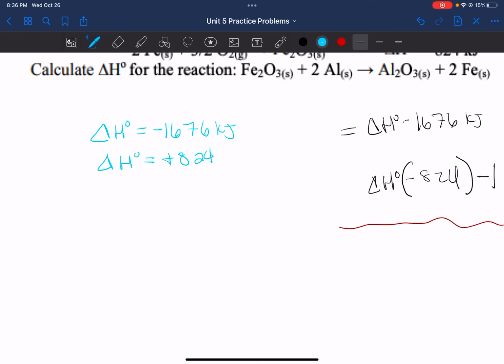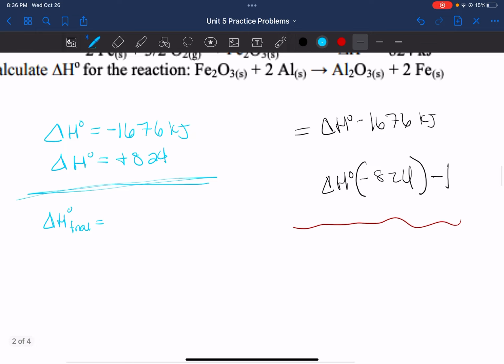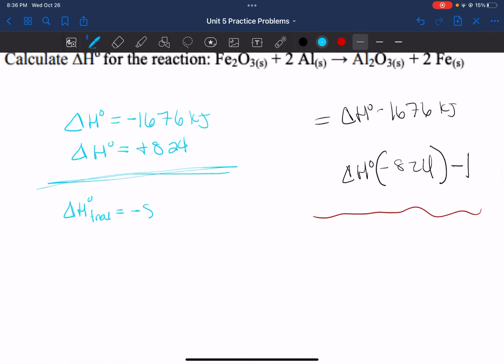And once we do those calculations, that actually gives us a final H final of roughly about negative 852 kilojoules. And that should be our answer for number 2.